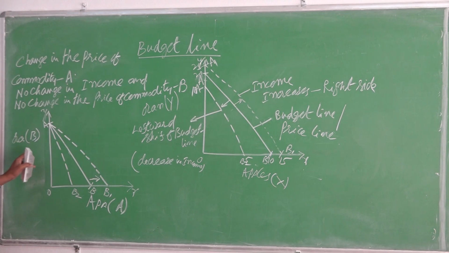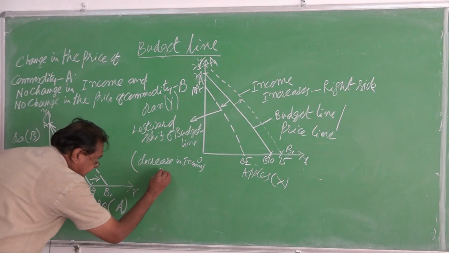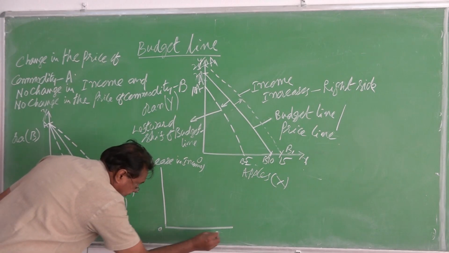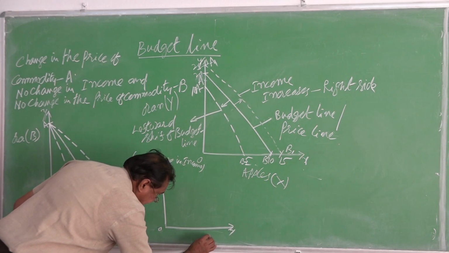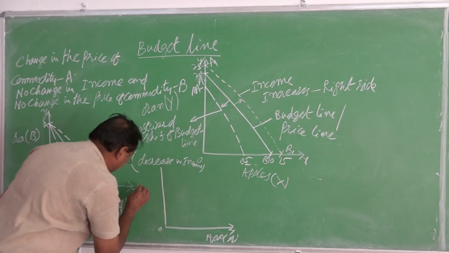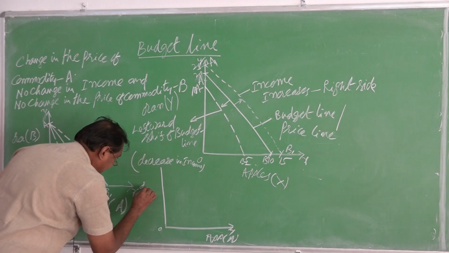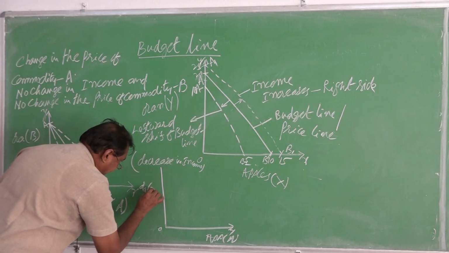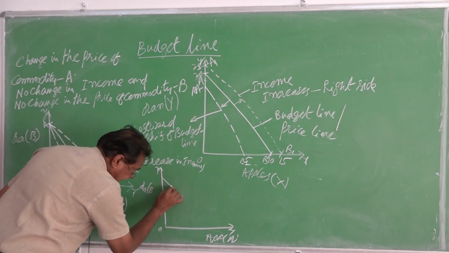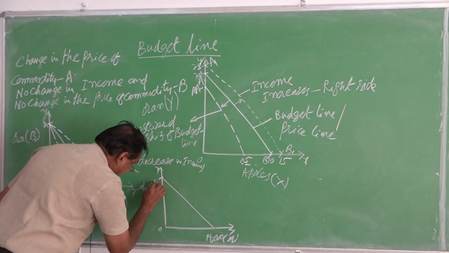So, this diagram you have to do like this. Same, O, x axis apples, this is commodity A, oranges, commodity B, this is the y axis, okay. This is the budget line, budget line AB.